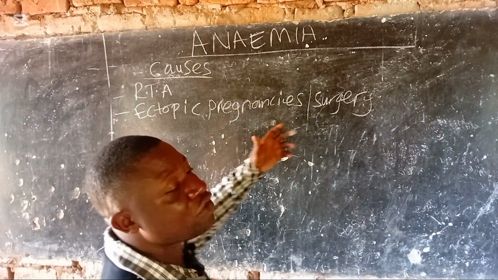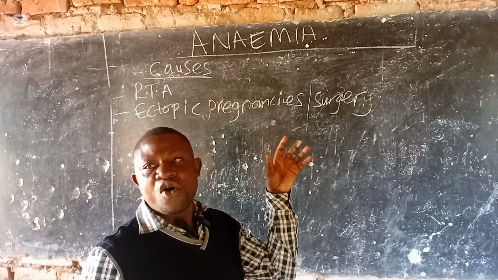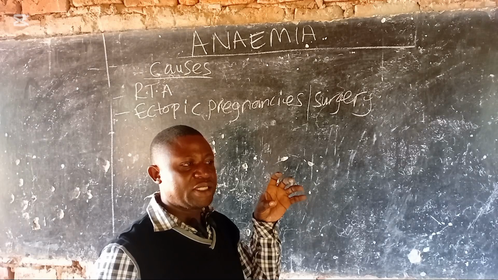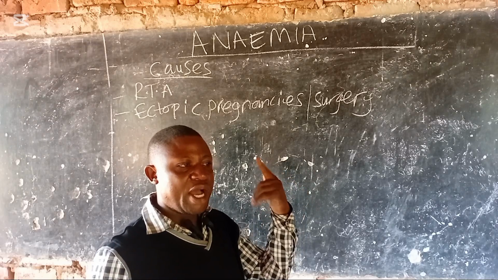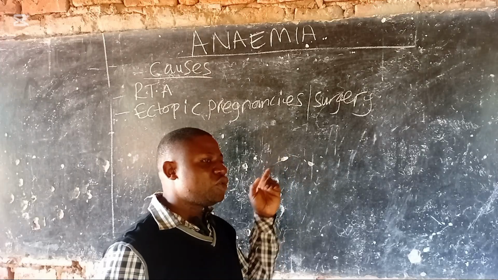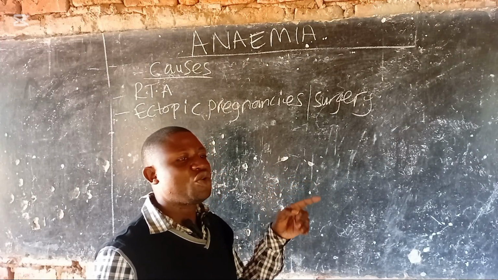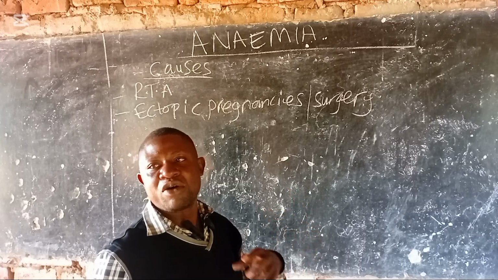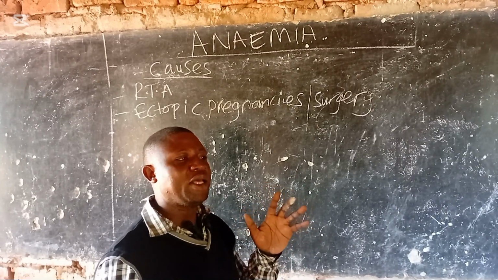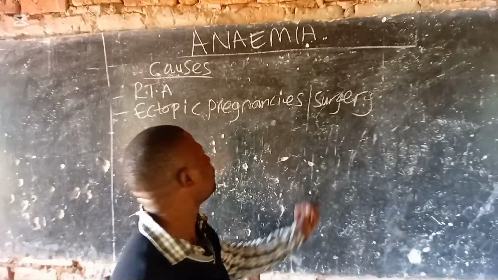So when you are going for surgery, make sure that you know how much blood the patient has, such that it will give you an understanding that maybe this patient might become anemic if I go on and just cut. So you have to prepare to book for him or her some blood somewhere as you are going for surgery.